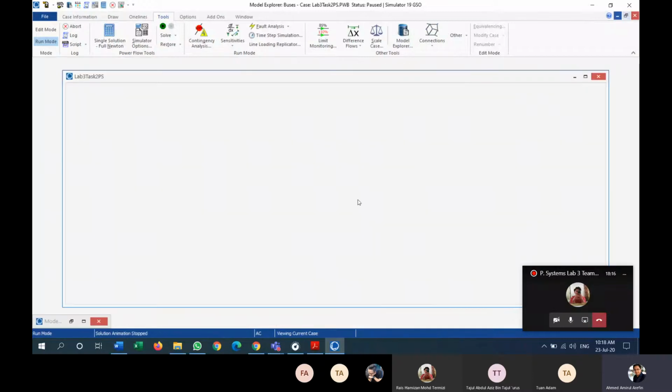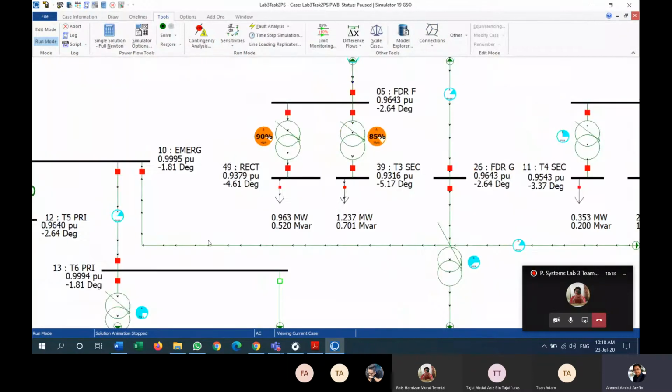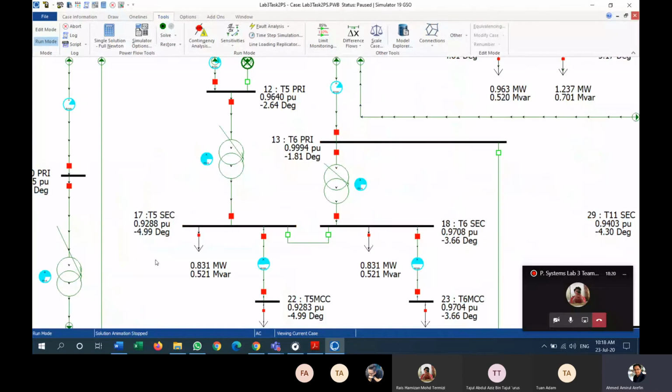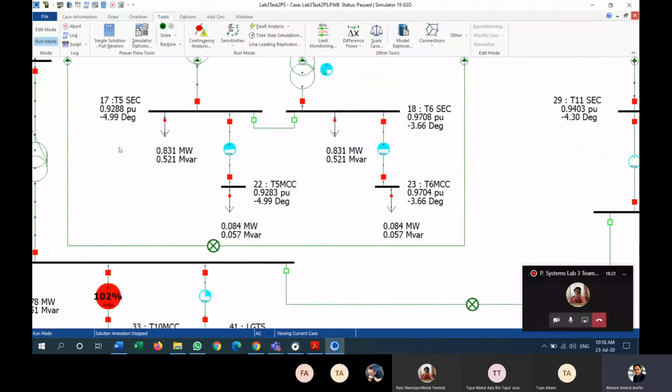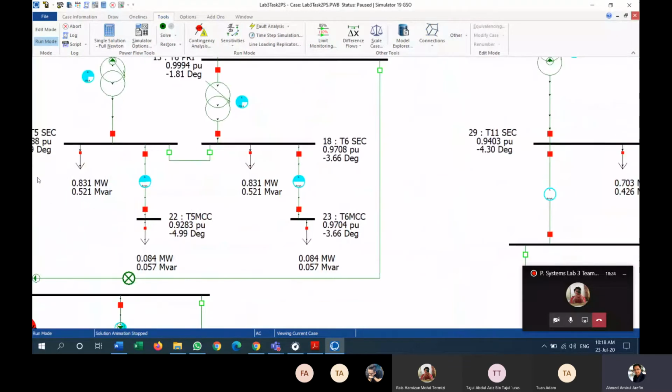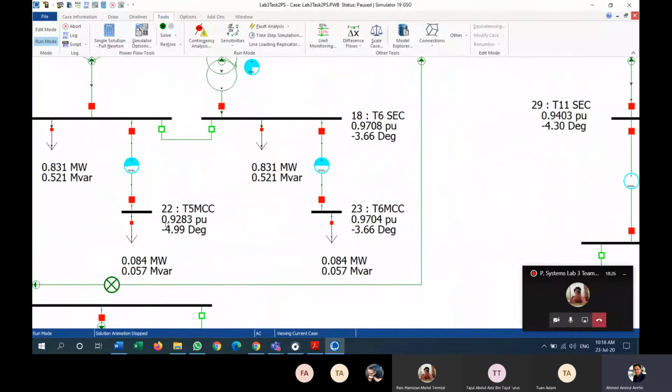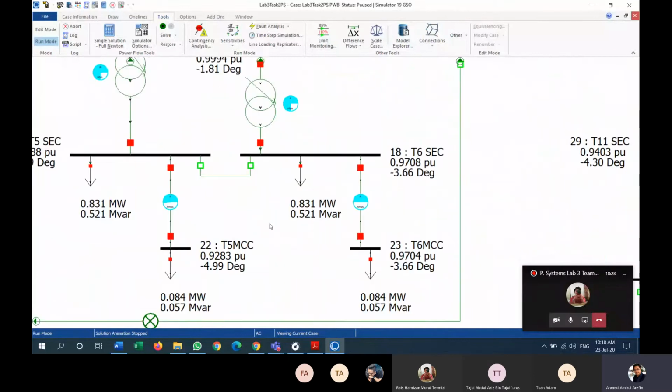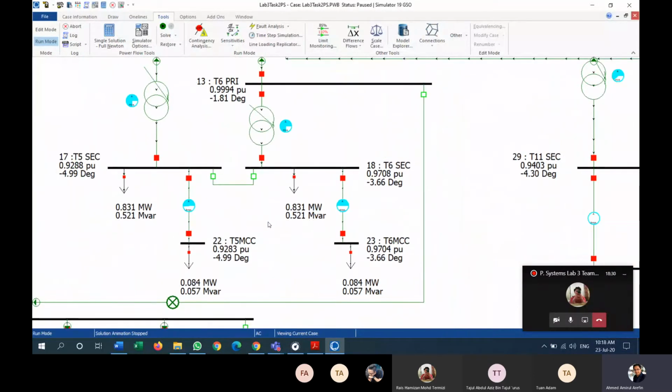So bus number 22, you see 0.92. Any idea how you can improve the lowest per unit? Anyone?